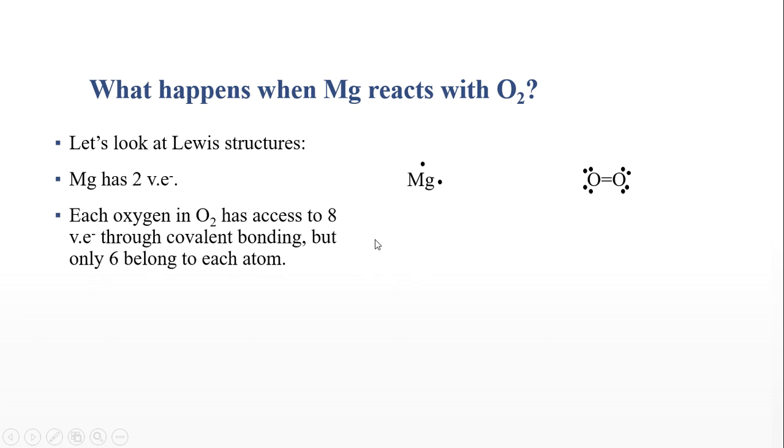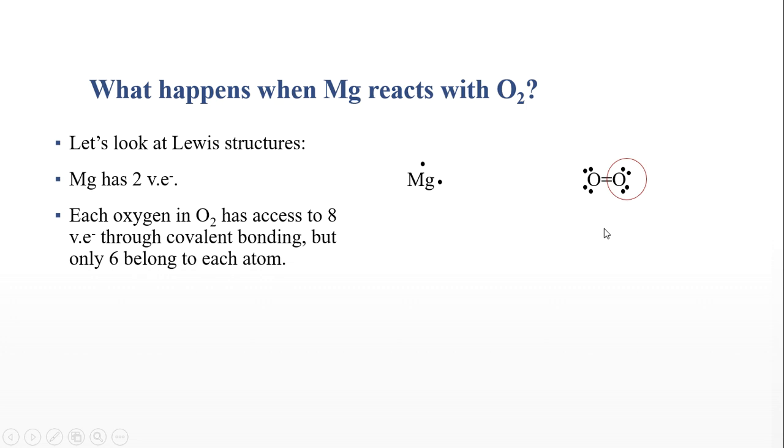So each oxygen has access to 8 valence electrons because they have their free pairs, that's 4, and then they have 4 additional electrons through this double bond. But if you think about this, the oxygens only actually own, so to speak, 2 of the electrons in this bond because they've shared 2 of their own.